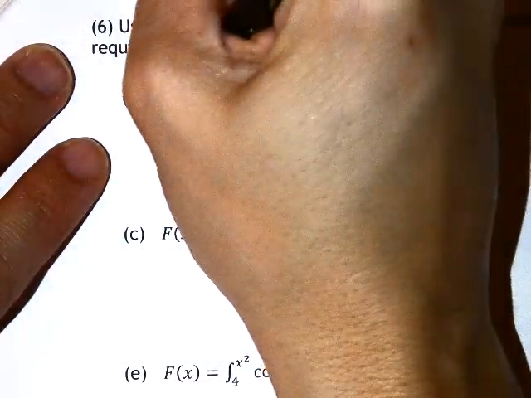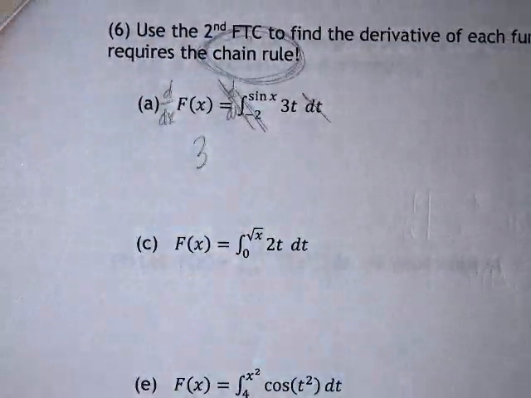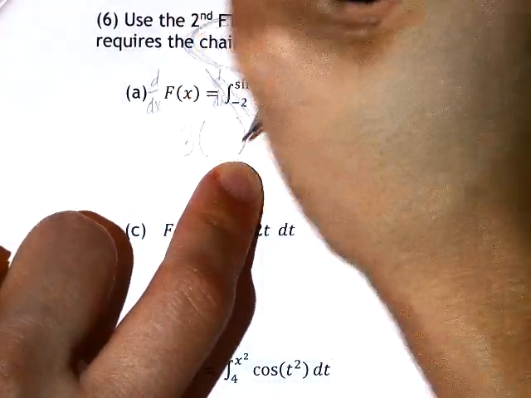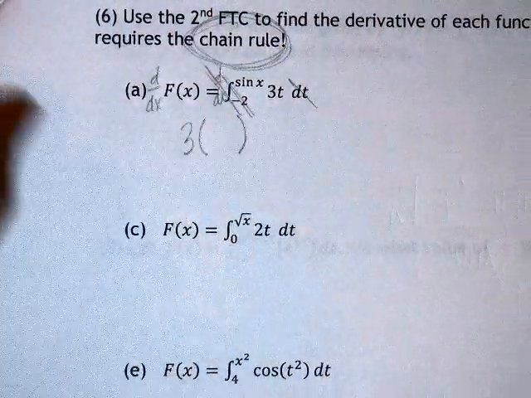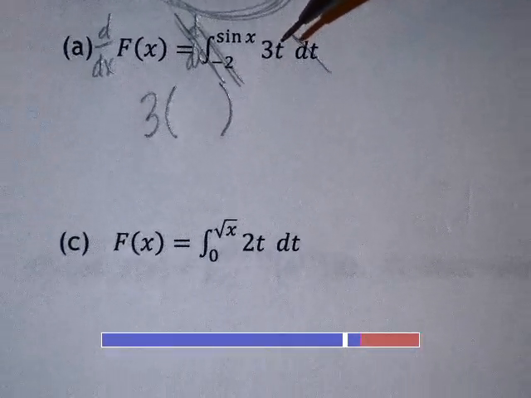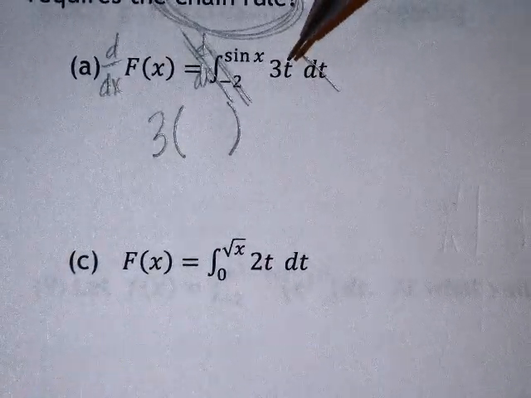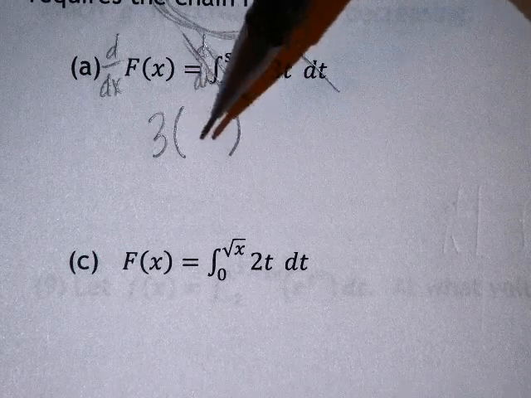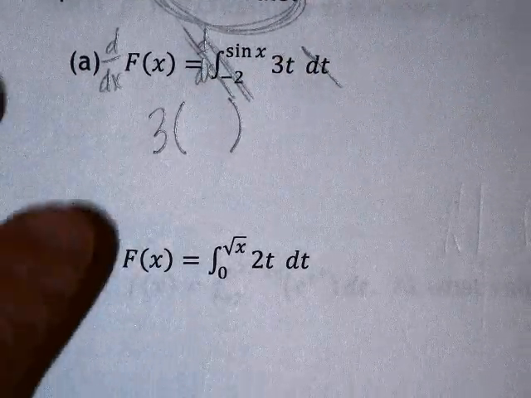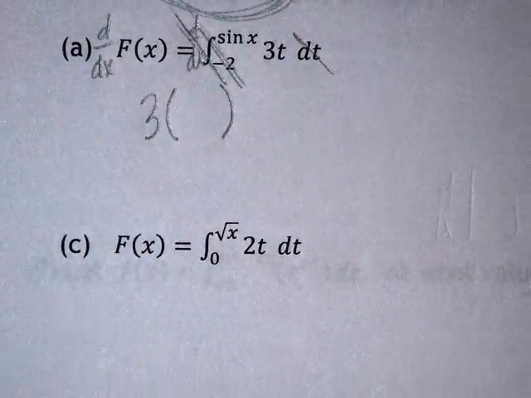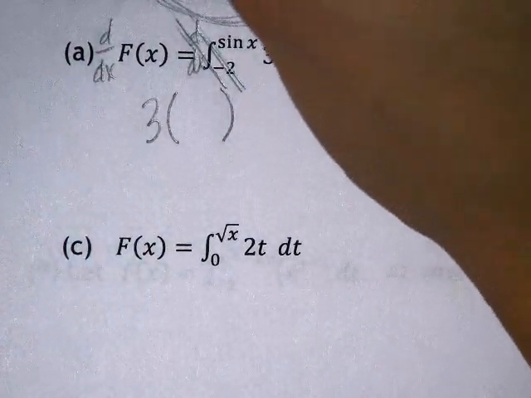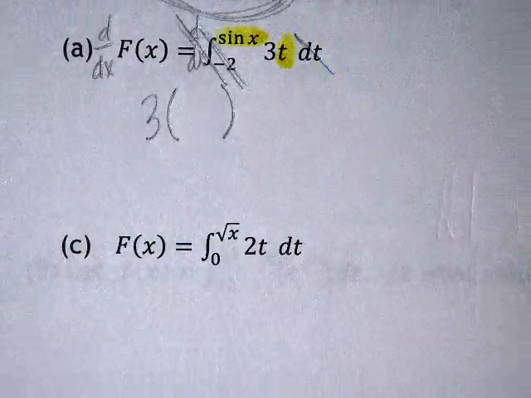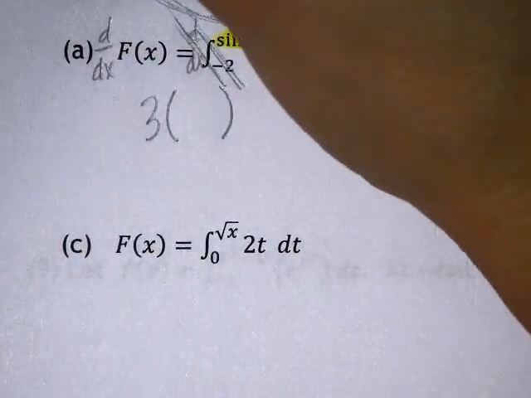And then, now I'm into the second step, recopy the original inner function just with the dummy variable swapped out. I like to put parentheses when I recopy to show my brain where that dummy variable is disappearing from and what I need to show instead. We know that in essence we're making a basic substitution. The dummy variable t is going to get replaced with the sine x, the upper limit.